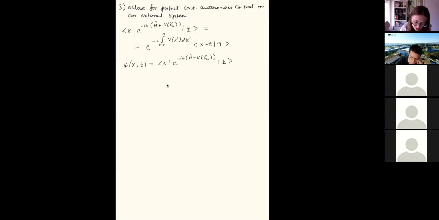Then this term is just psi of x minus t0. And essentially what we need to prove then is that psi of x, t equals e to the power minus i, this integral, times psi of x minus t0.